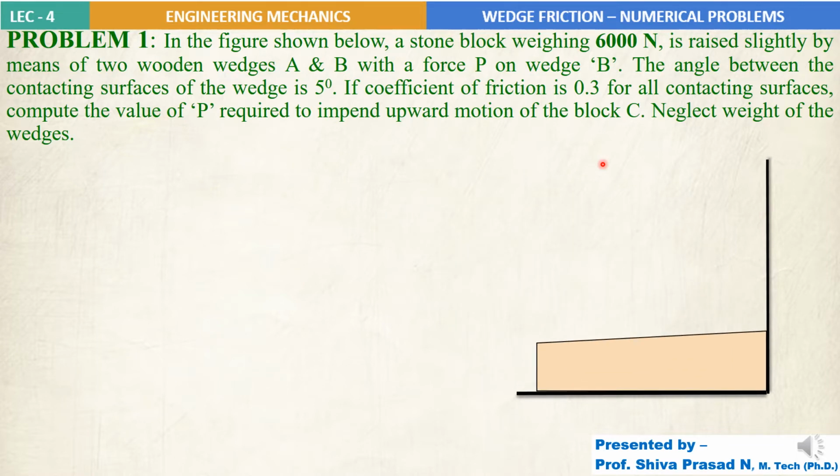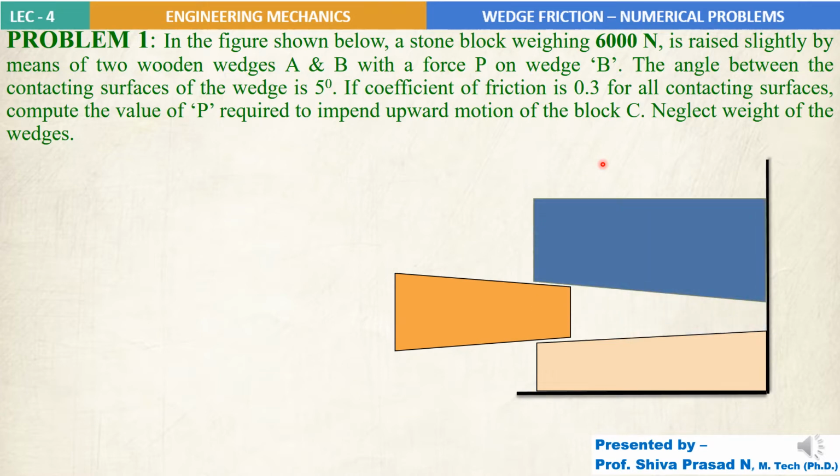We have two wooden wedges A and B which are used to raise a stone block C weighing 6000 Newton. So A and B are wooden wedges over here, and these two wedges are used to lift a stone block having 6000 Newton weight in the upward direction.